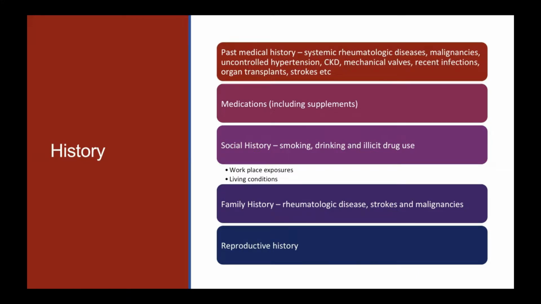Other things, the social history, we somewhat do this intuitively, just asking about smoking, drinking, any illicit drug use, including opioids, any family history of similar presentations, rheumatological disorders, early malignancies or deaths, and of course, a thorough sexual history with a recent, if there's any recent pregnancies or previous complications with pregnancies consistent with HELLP syndrome.